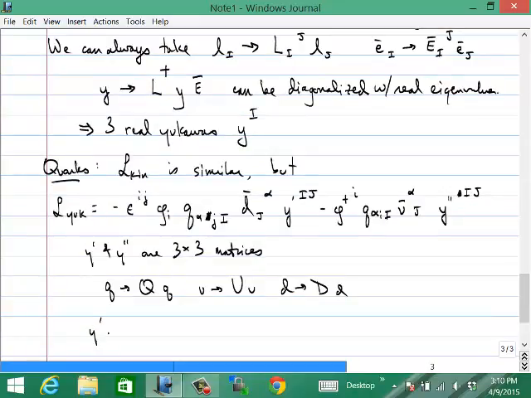Well, Y prime goes to something like Q dagger Y prime times U, or I guess it was D, and Y double prime goes to Q dagger times Y double prime times D. Sorry, what am I writing down here? That's a capital D. That's a U.